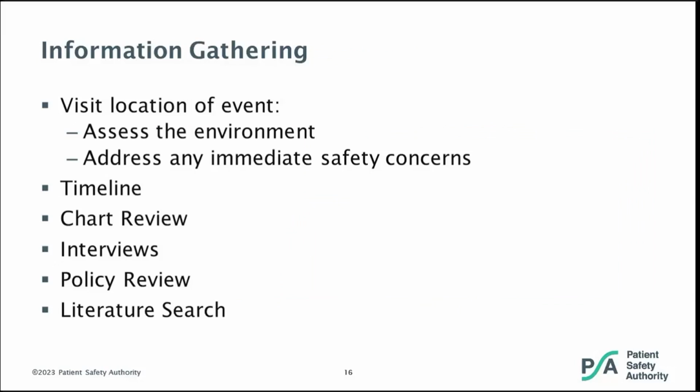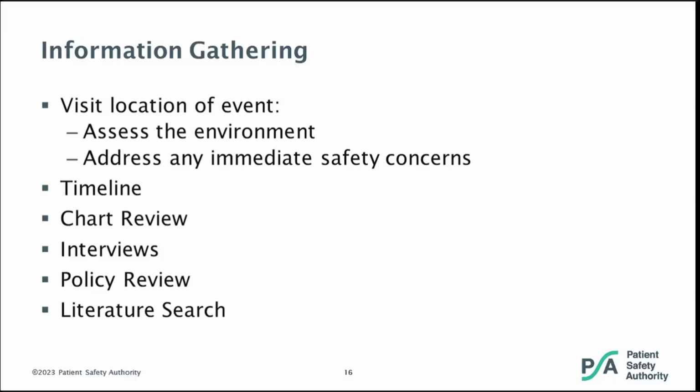As you start your information gathering, there are several things that you may want to consider doing. You may want to start by visiting the area or department where the event occurred to assess the environment and address any immediate safety concerns, such as equipment that may have failed and that you may need to sequester.